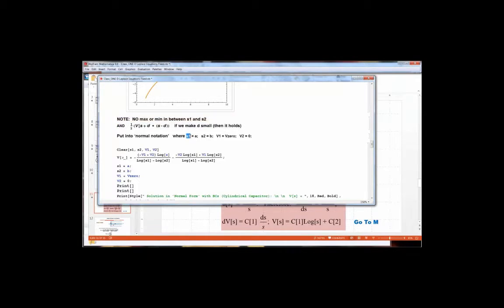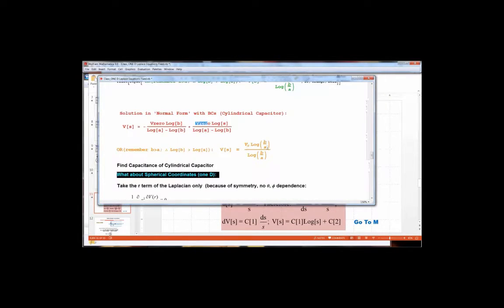So you let this inner radius be a and the outer radius be b, and I end up then with the s dependence right here, which is the log of the outer radius divided by s, and then it's divided by the log of the ratio of those two radii. And then that's times v0, which is the difference of potential between the two cylinders, then has this form, which is the more common one that you see in textbooks.